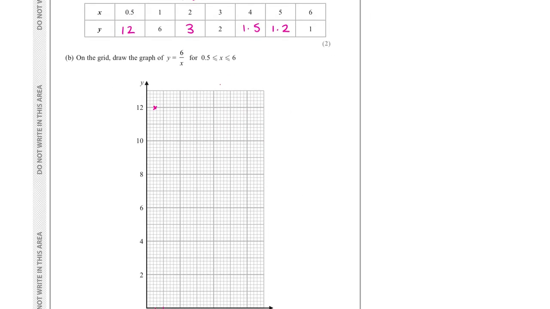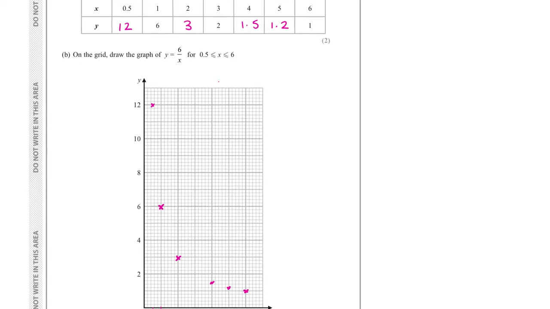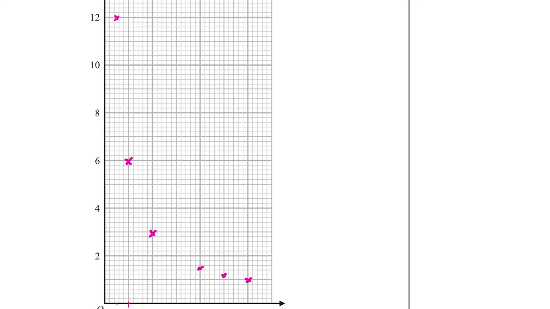And then 1, 6. 2, 3. 4, 1.5. So this is 1. 1.5 is here in the middle. 5, 1.2. 6, 1. Okay, so you can see there, this is beautiful right now.